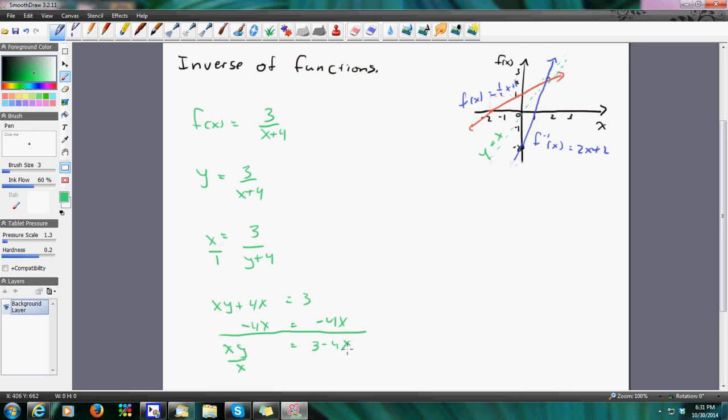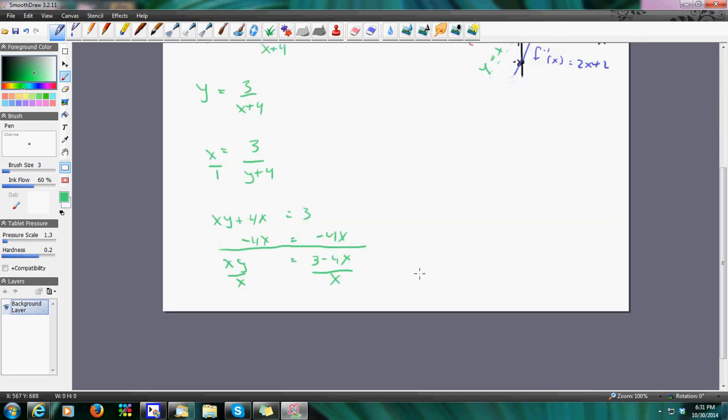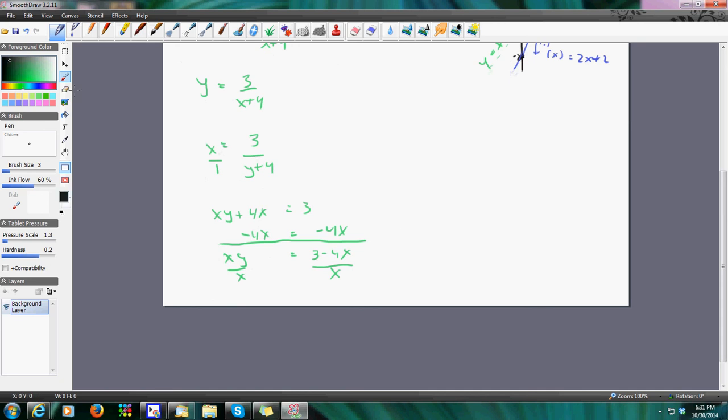I'm going to divide by x, and I get my final answer, y equals 3 minus 4x over x, and now I write it as my inverse, f inverse of x equals 3 minus 4x all over x.